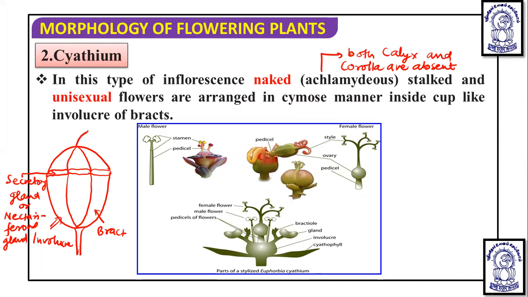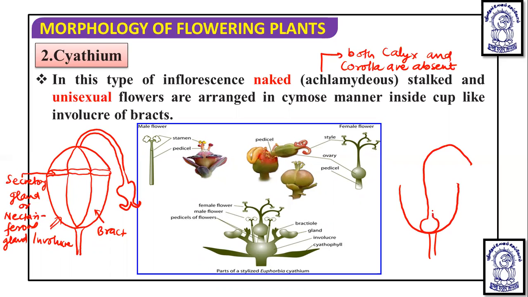And from above, you will see one particular flower coming outside, one carpel coming outside, and this carpel has a structure somewhat like this. So the central part has a cup-shaped structure which is coming outside. Now, if we see its transverse section, you will see that there is a particular female flower in the center, which is actually coming outside like this.